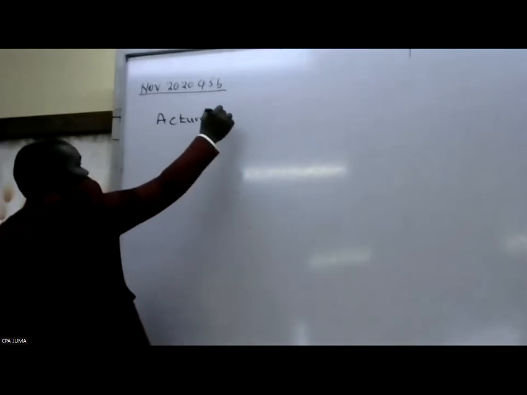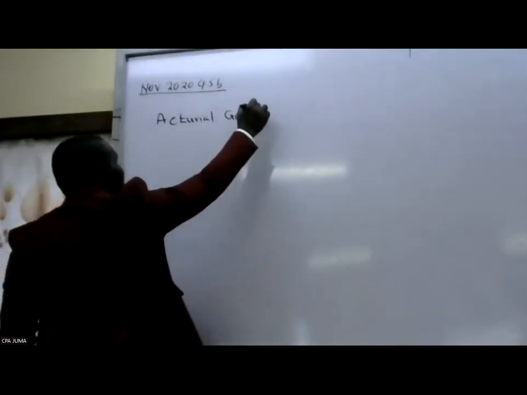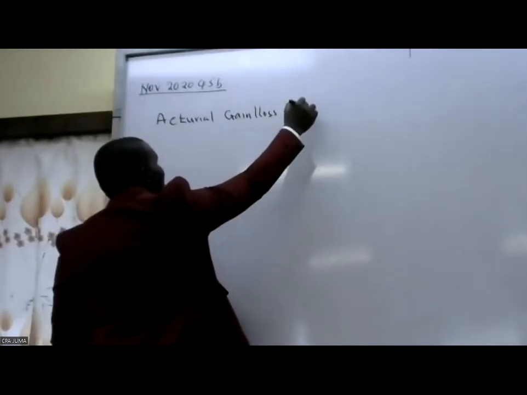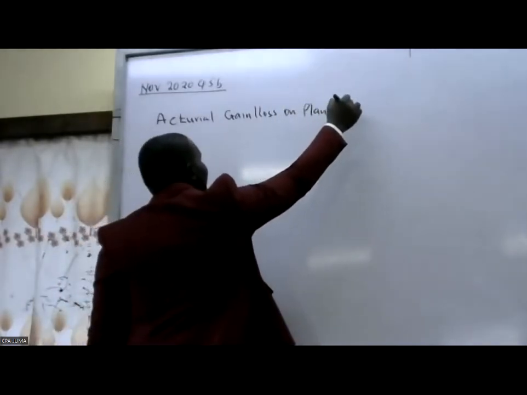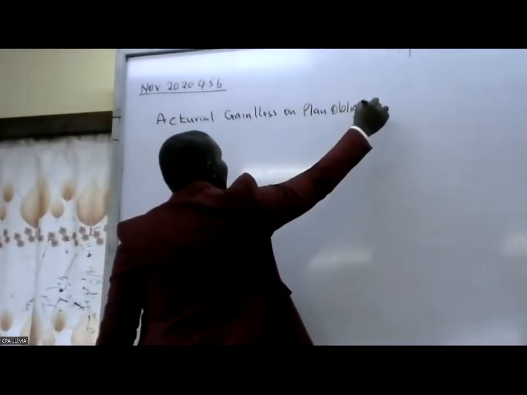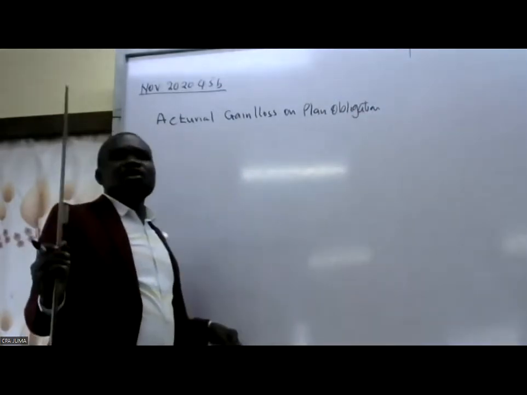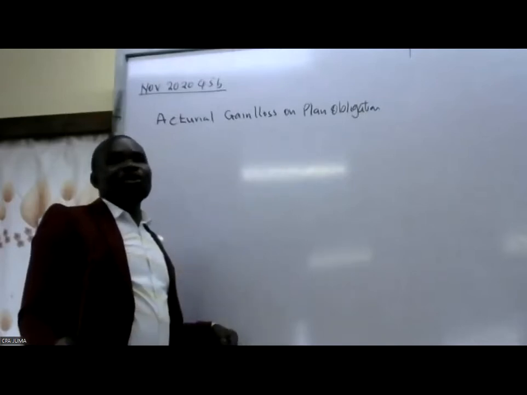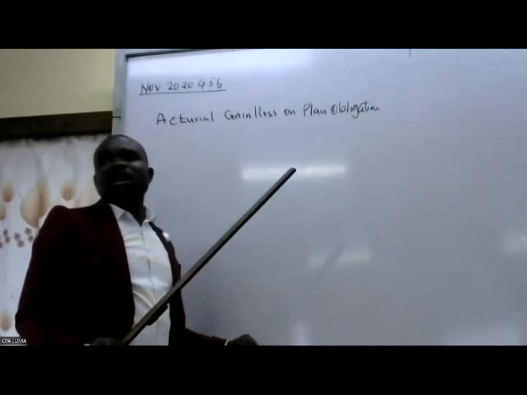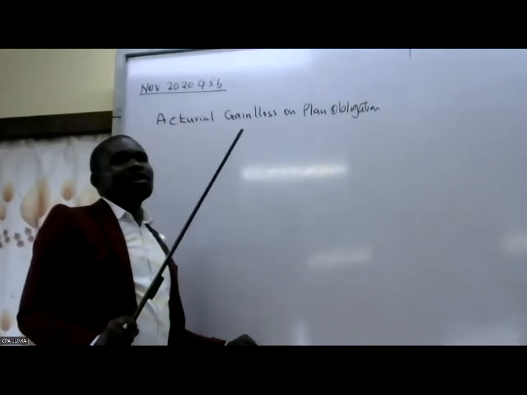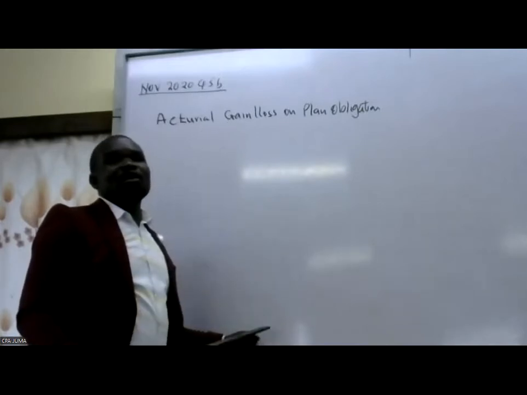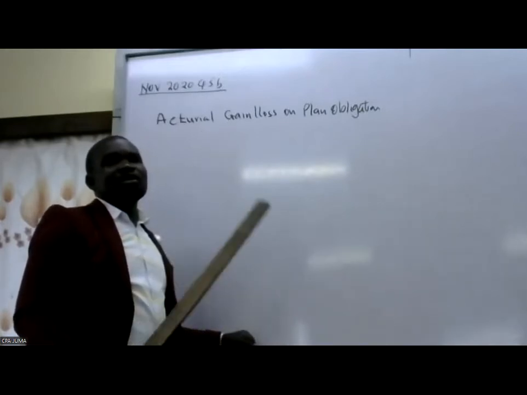Let's start with actuarial gain or loss on plan obligation. By the way, I don't know what happened last semester. Share-based payments and employee benefits, missing both is dangerous.